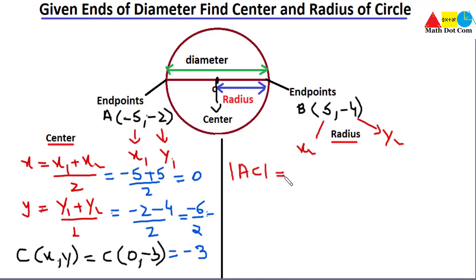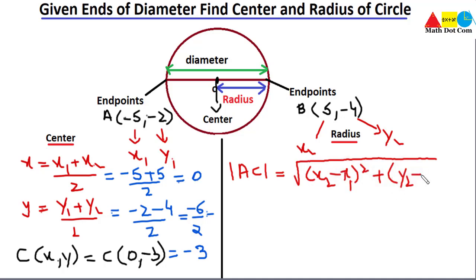AC is the distance between the endpoint and the center of the circle, that is called the radius. So the formula is the square root of x2 minus x1 whole square plus y2 minus y1 whole square. So this is the distance formula. Whenever you are asked to find the distance between two points and you are given the two endpoints, you have to use the distance formula.